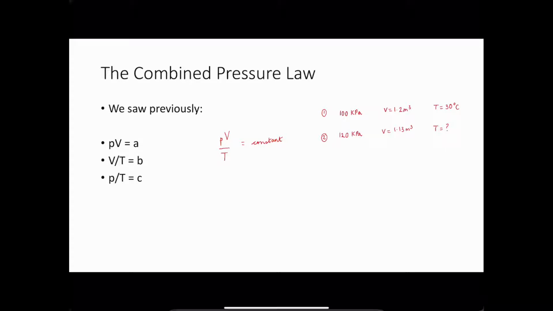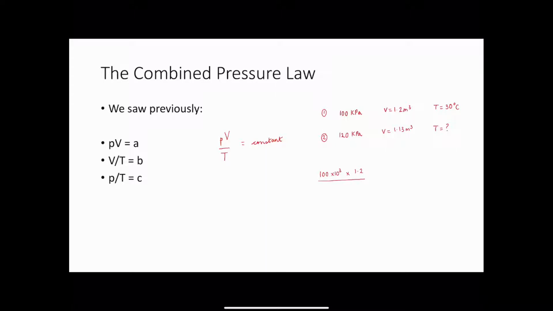So we have our pressure, which is 100 times 10 to the 3 pascals, multiplied by our volume, which is 1.2, and that's going to be divided by our temperature.